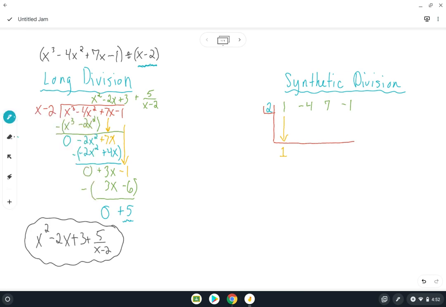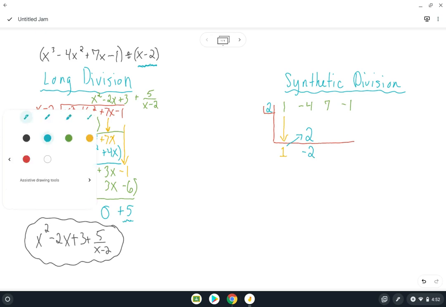So now we're going to multiply down. So 2 times 1 is 2. So you kind of almost look at it like a diagonal arrow there. And then you're just going to add. So negative 4 plus 2 is negative 2. And then once again, you're going to multiply.